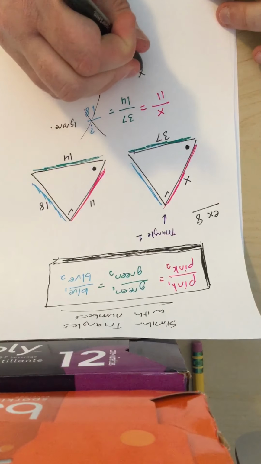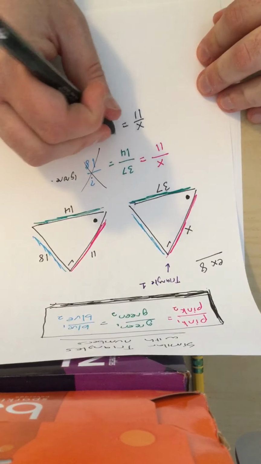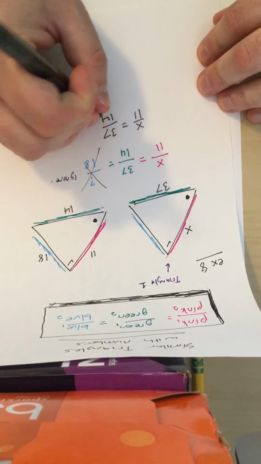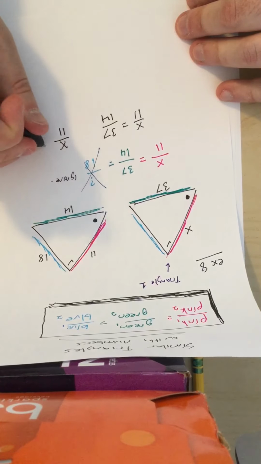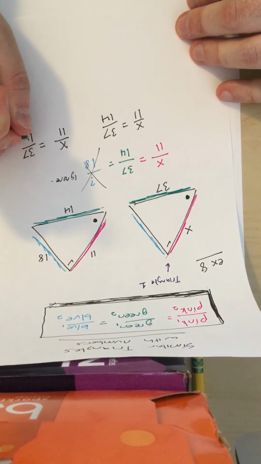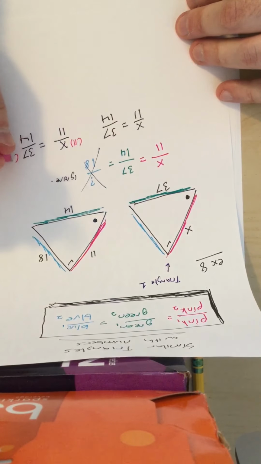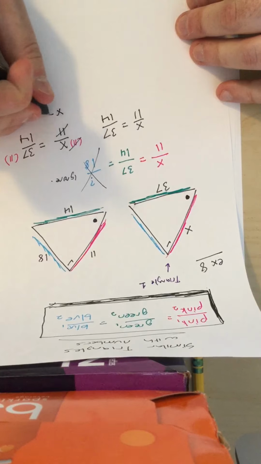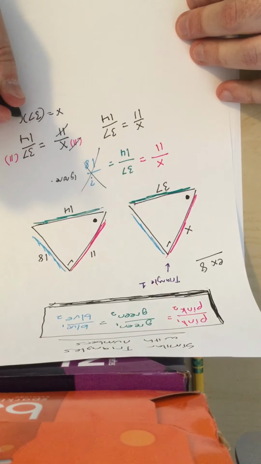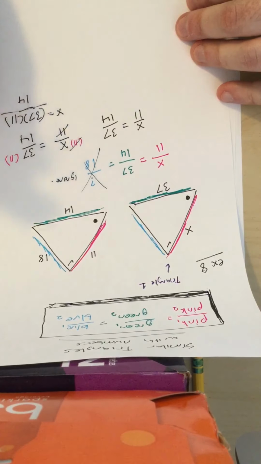So what we have is X over 11 equals 37 on 14. And we need to solve that. So we're going to recollect our algebra skills and pretty much do the same thing every time. We're going to multiply both sides by 11. 11's cancel, so we get X equals 37 times 11 over 14.